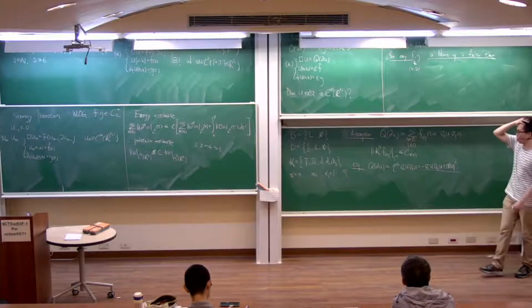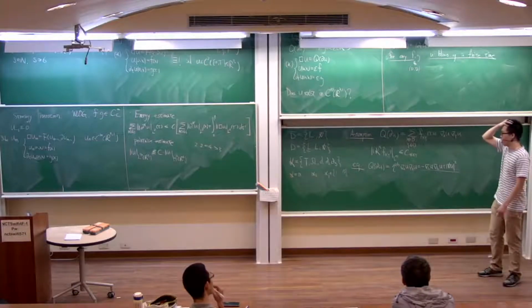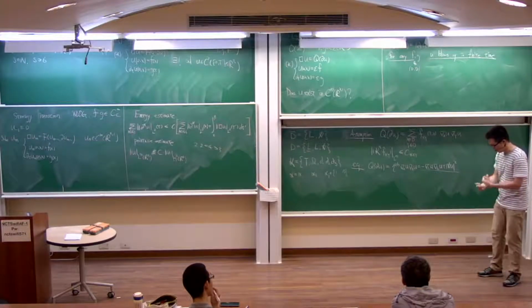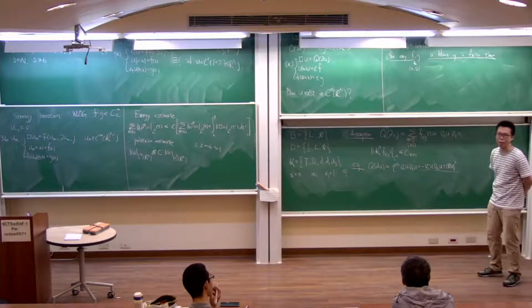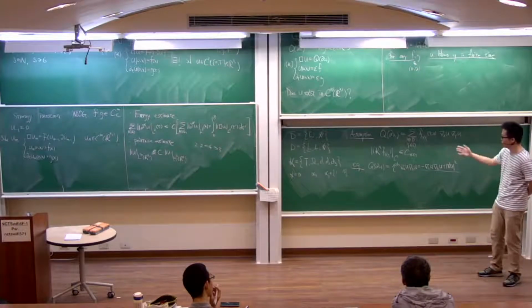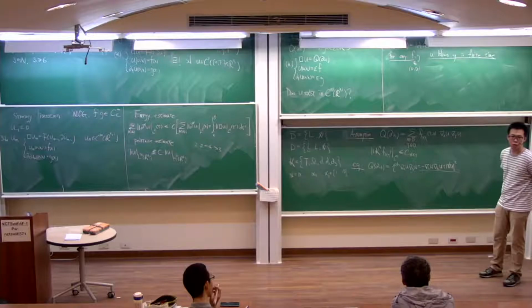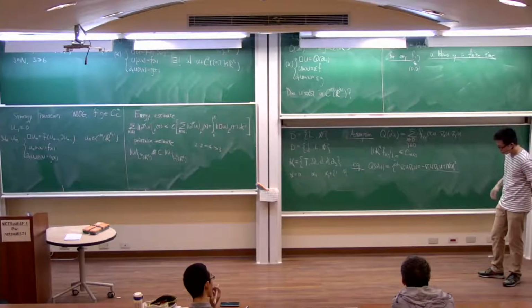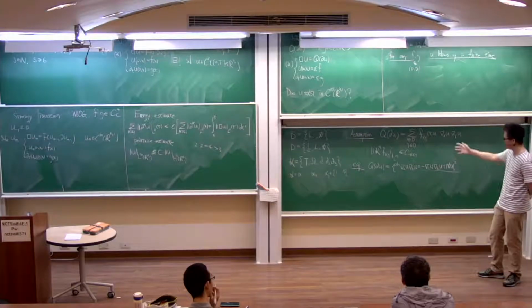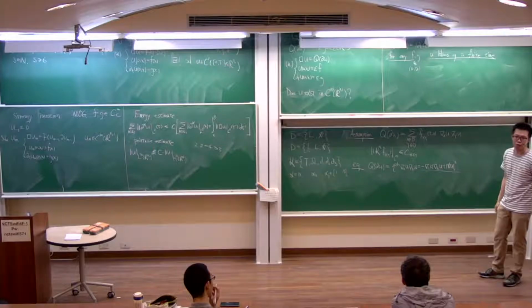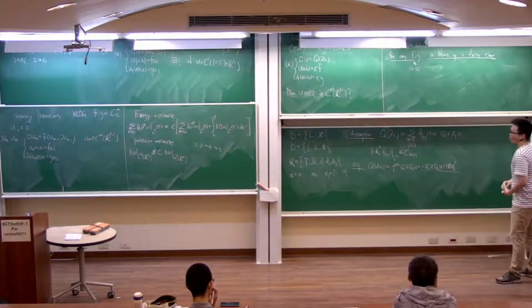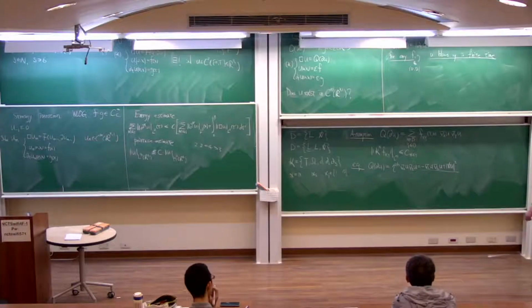For example, the wave map into the hyperbolic space will satisfy this kind of null condition. Or in a certain gauge, the harmonic gauge, the linearized Einstein equation satisfies not this one, but a weaker version of this null condition. When you check (d_t u) squared, it's not satisfied.